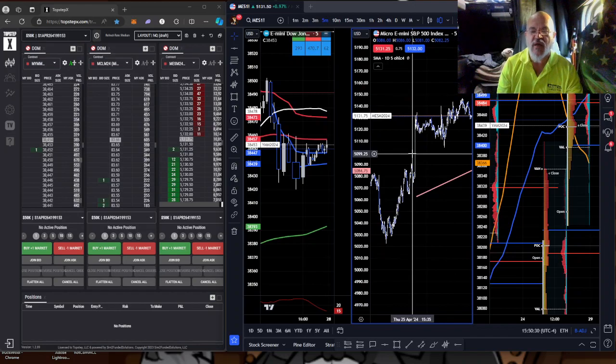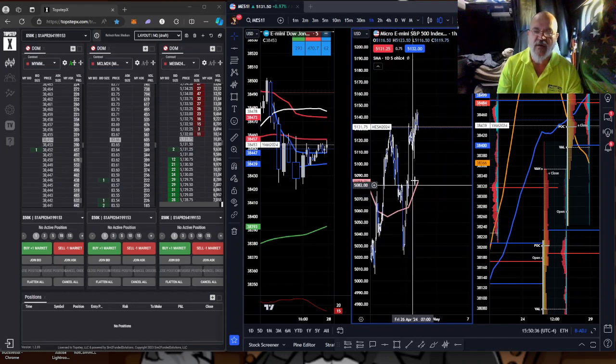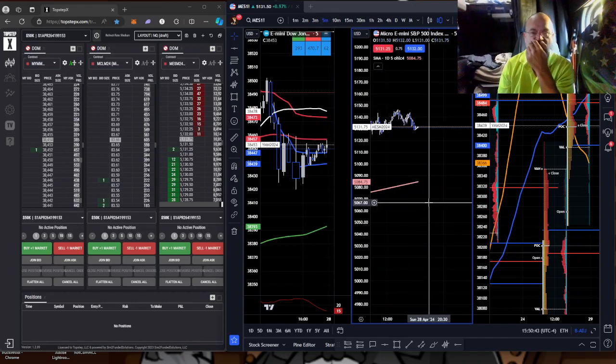You know, throw it on the 1 hour and see what the larger time frame is doing. Then throw it on the 5 minute, see if there's a trade available or a setup available.